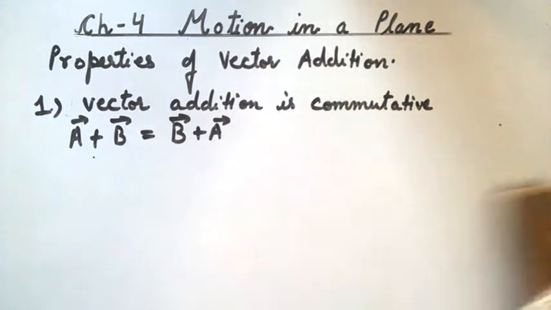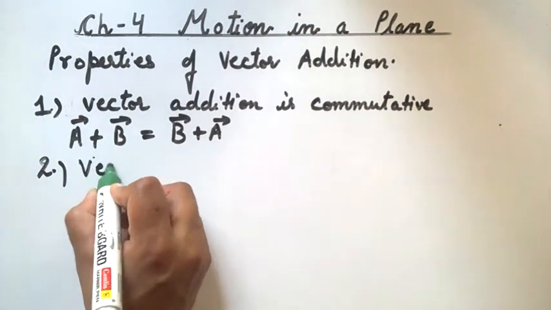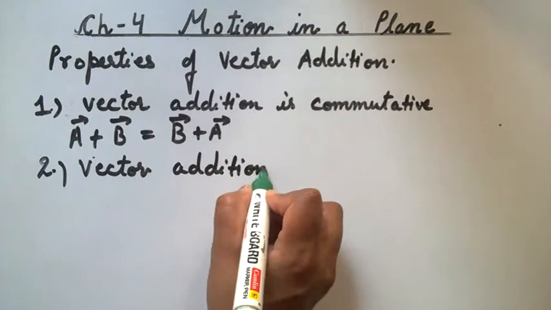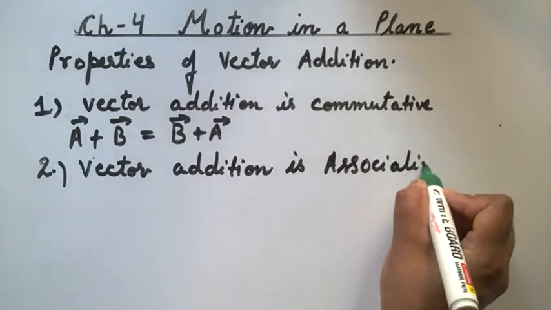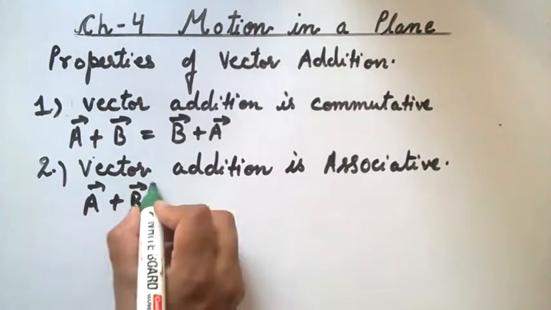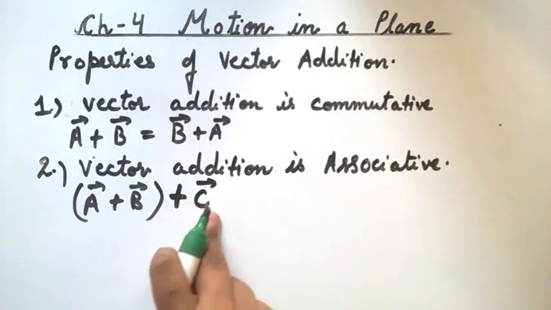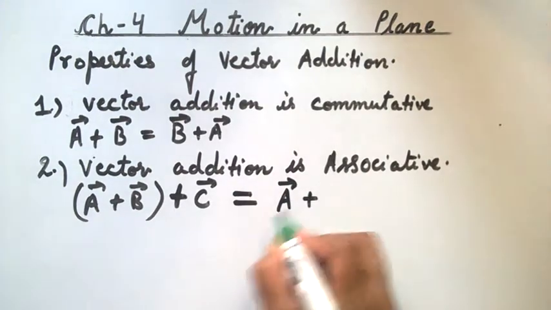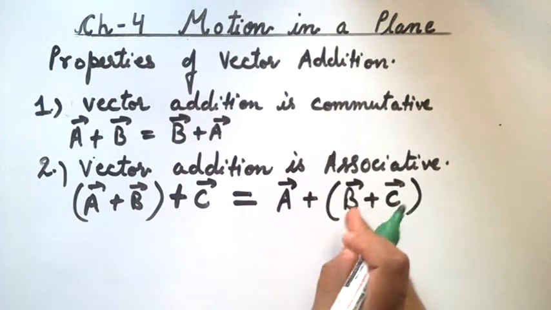Similarly, another property is that vector addition is associative. That is, if two vectors are added together, their sum can be added to another vector, and this is equal to A vector plus the sum of the other two vectors, B vector plus C vector.